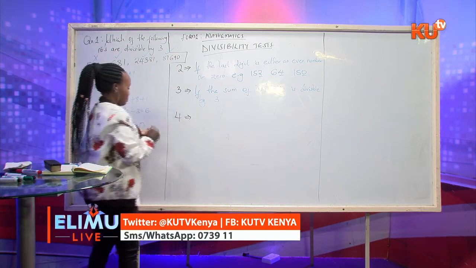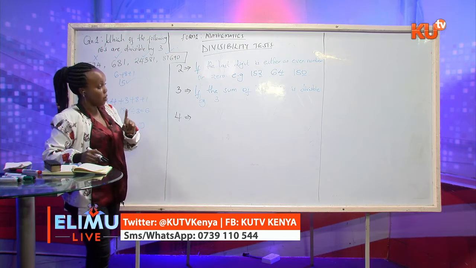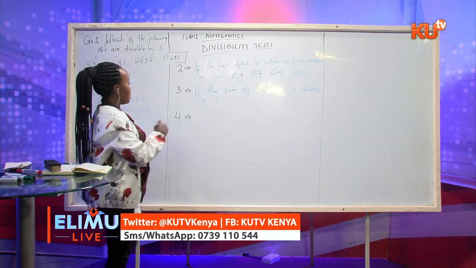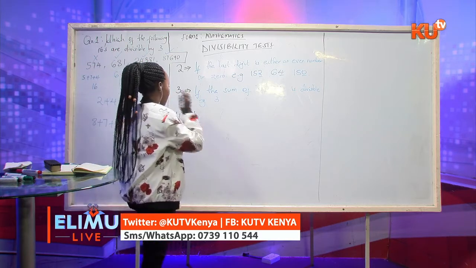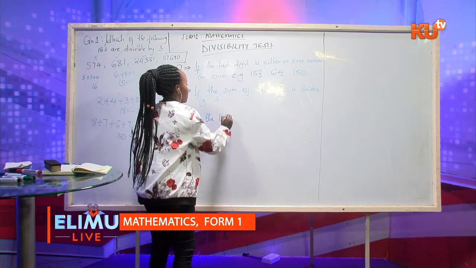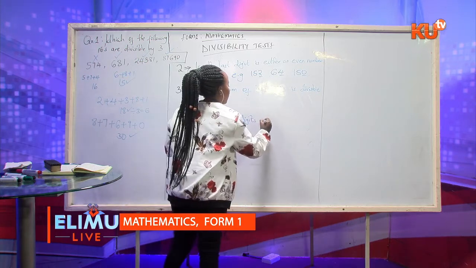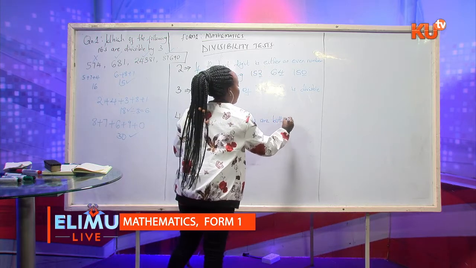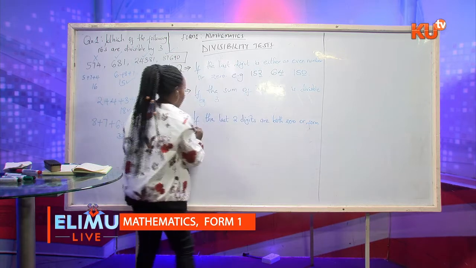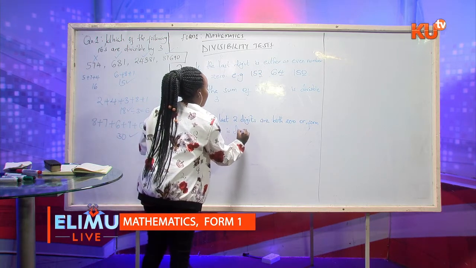We say that a number is divisible by 4 if the last two digits are either both of them 0 or form a number that is divisible by 4. So I can write that. A number is divisible by 4 if the last two digits of the number are both 0 or form a number that is divisible by 4.